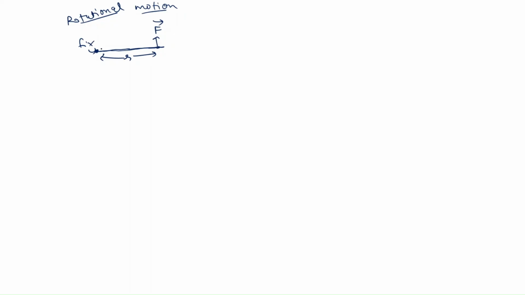Now, if we apply force in this direction, it goes like this. It does some rotational motion, okay? Rotational displacement, not a linear one. Now, torque is fundamentally given by R cross F, meaning RF sine theta.